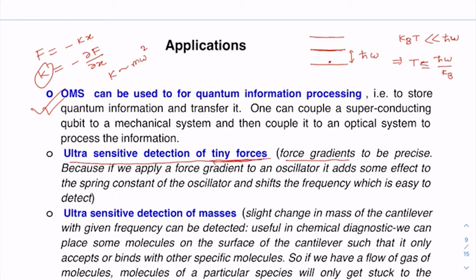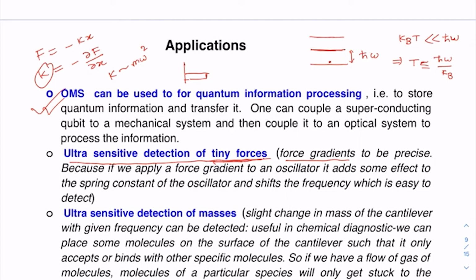On the other hand, in a similar way, we can have ultra sensitive detection of masses, because say this is the cantilever, if some mass is added to the oscillator, then its spring constant gets changed, and because of that there is a shift in frequency which can further be detected, and this way ultra sensitive detection of masses is also possible.